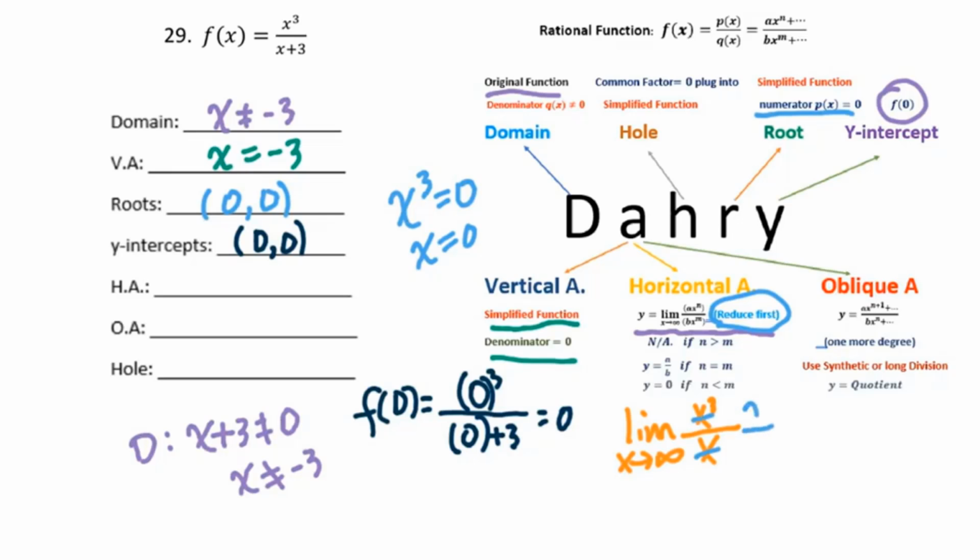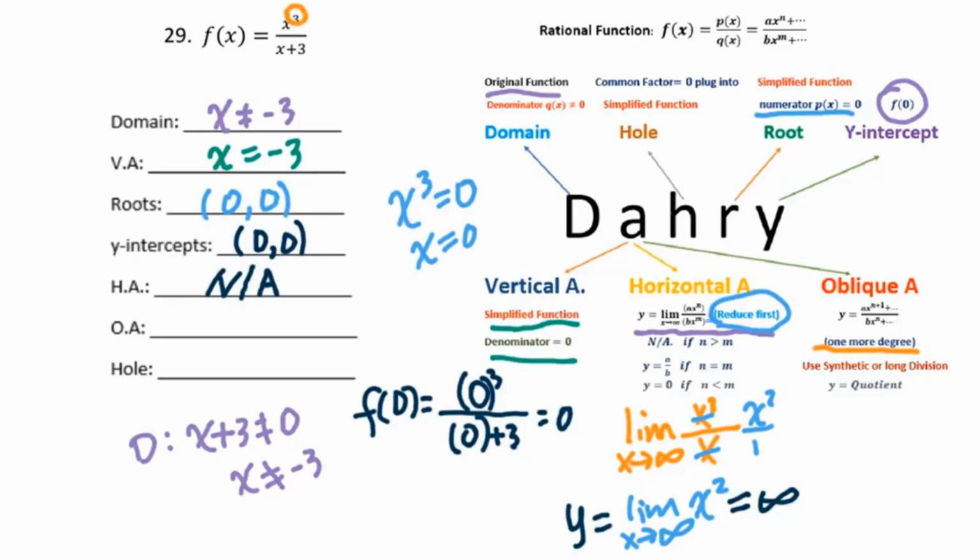Therefore, we got x squared over 1. The limit as x approaches infinity of x squared: plug infinity into this x, you will get infinity, means no horizontal asymptote line. Oblique asymptote line keyword is one more degree, but we know this is 3, this is 1. It's not one more degree, therefore not available.